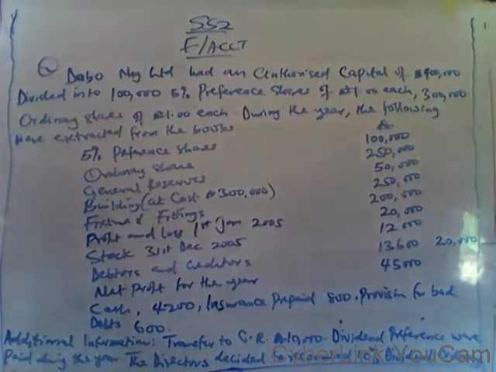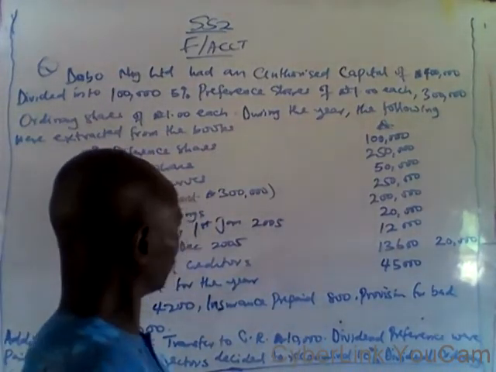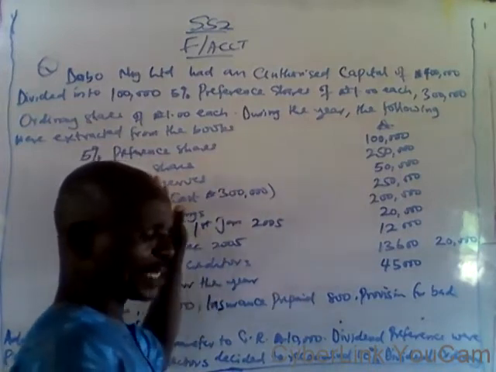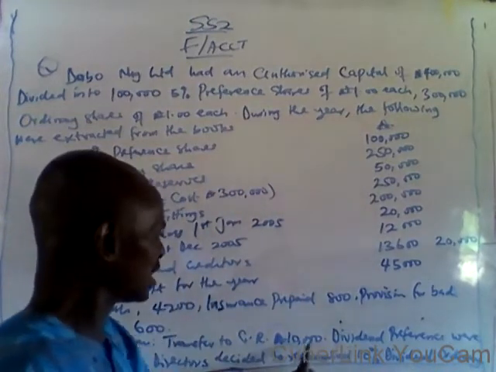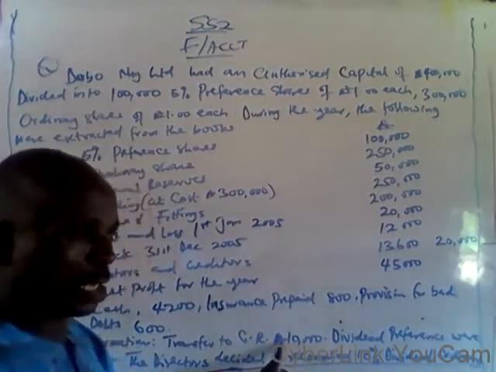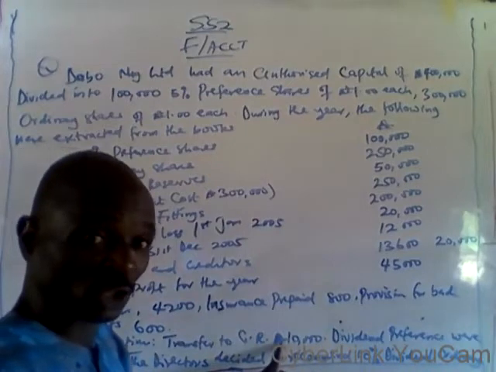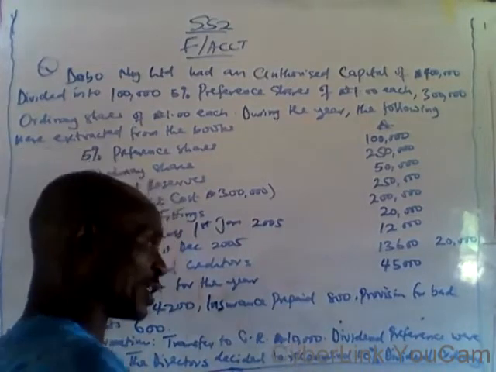But to prepare the profit and loss appropriation account, you prepare your T account. First of all, consider the information under the additional information: general reserve on the debit side.